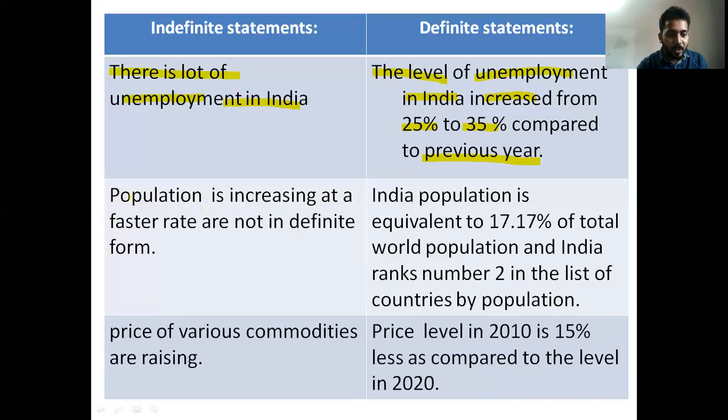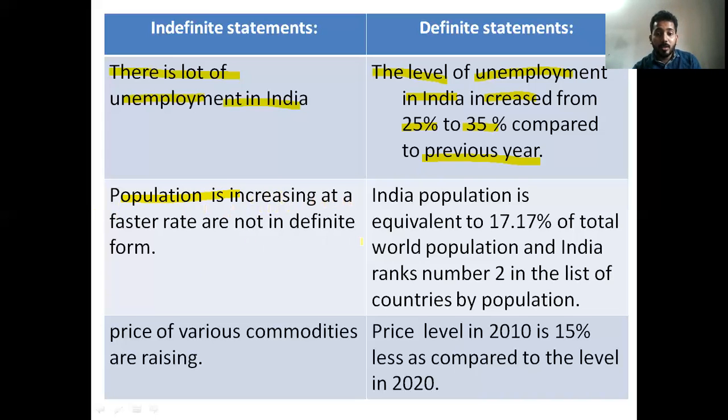You can observe some more examples, like population increasing at a faster rate. If someone says the population of India is increasing at a faster rate, then there will be no clarity.